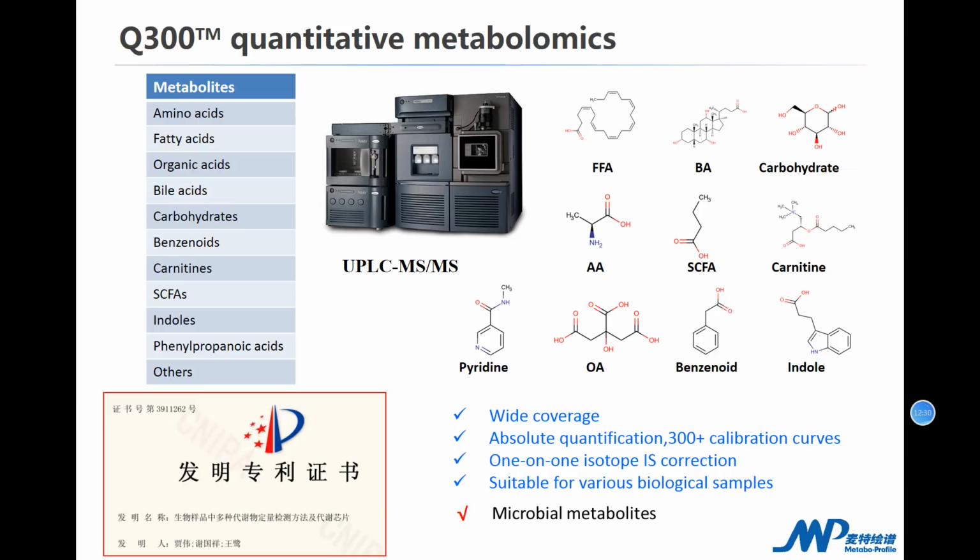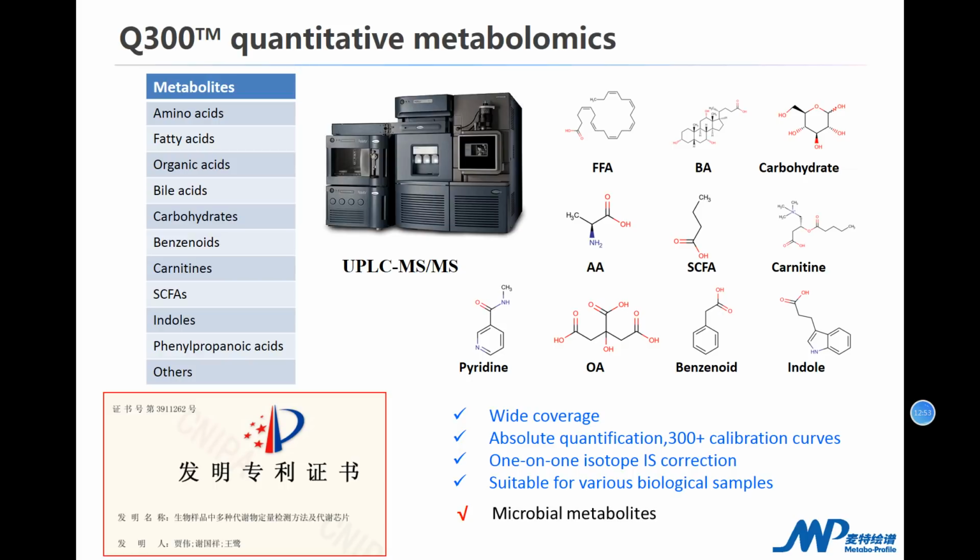It is noteworthy that microbial metabolites like bile acids and short-chain fatty acids are all included in this method. All metabolites mentioned were absolutely quantified with stable isotope labeled internal standards.